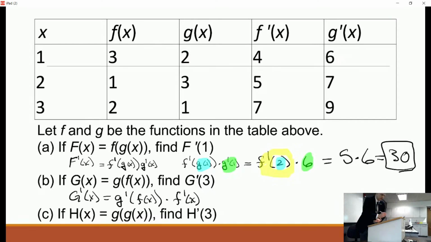So that's that. Now you can look up the stuff in the table. I'm just going to copy down G prime of F of 3.